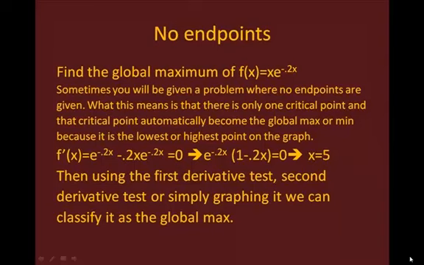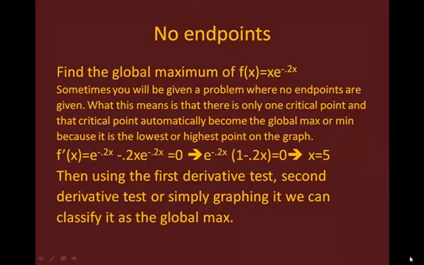So let's check. To find a critical point, we want to know when the first derivative equals 0. So you have to do a product rule here to get the derivative. I've done it out, and the result is e to the negative 0.2x minus 0.2x e to the negative 0.2x equals 0. Now, again, if you have a function equals 0 that has e's in it, you want to factor out the e term.